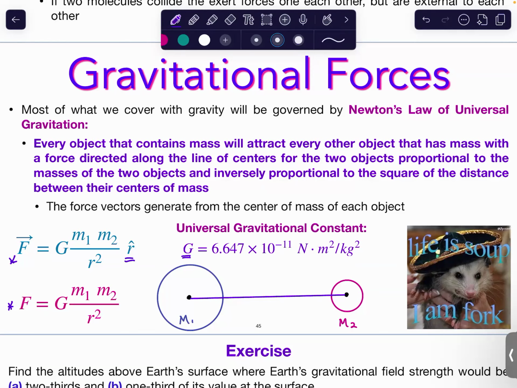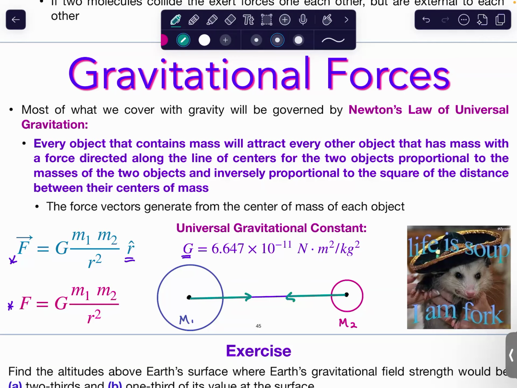This goes back to how we were talking about how to read forces. You're going to have a gravitational force that goes that way, and one that goes that way.